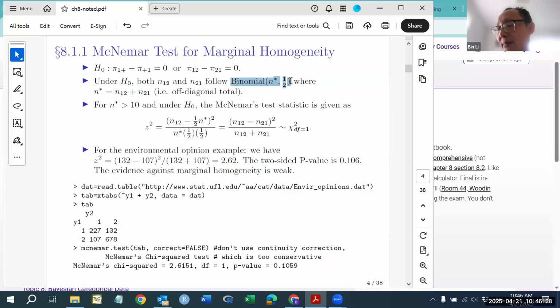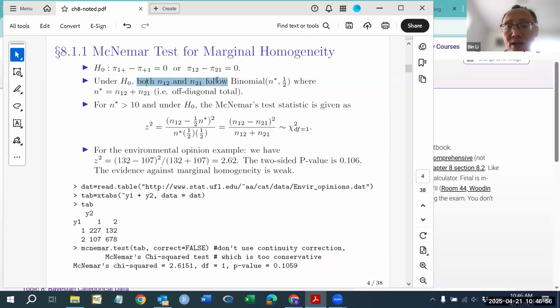Remember the binomial? The binomial distribution has two parameters. The first one is the number of trials. What is N star? N star is N12 plus N21. That's the off-diagonal total. And 1/2, that's the proportion of being success in that binomial trial, right?